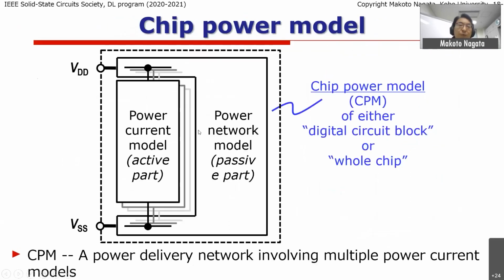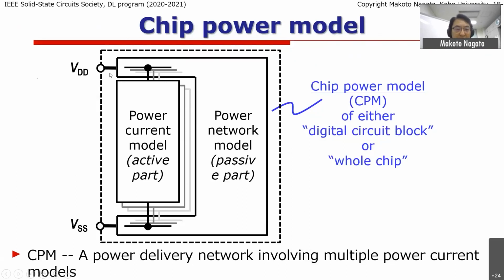But what can we do for the active part? This is the so-called chip power model, sometimes abbreviated as CPM. And this model has, again, two major parts. One is the active part, the power current model, and the other is the passive part. Again, this is the passive part only within the chip.